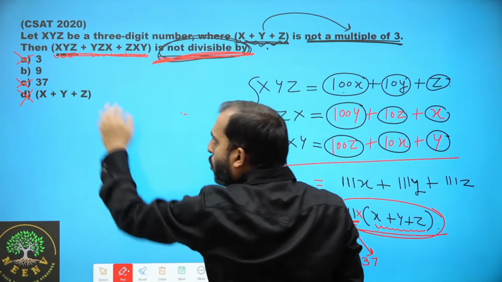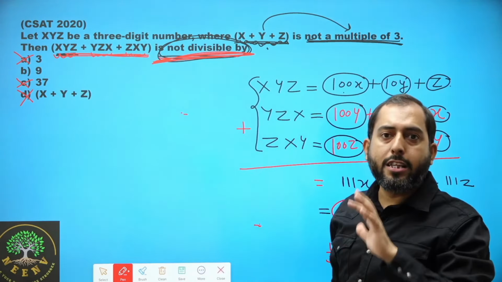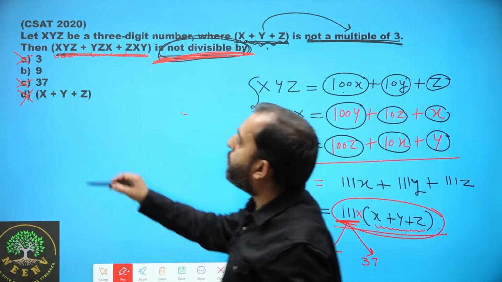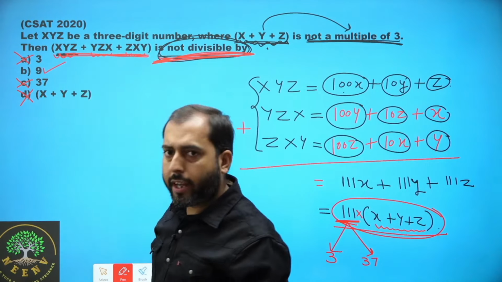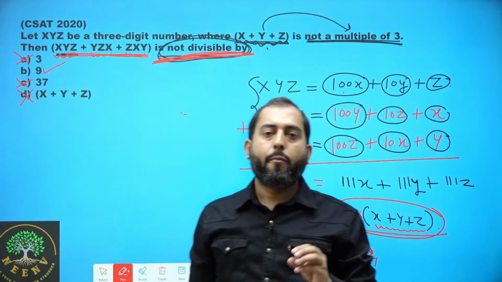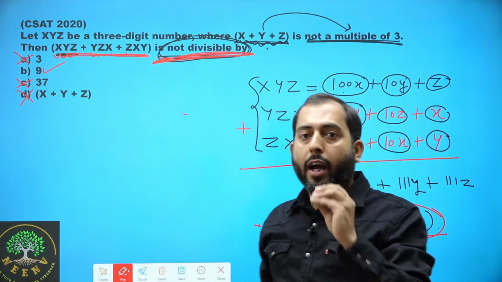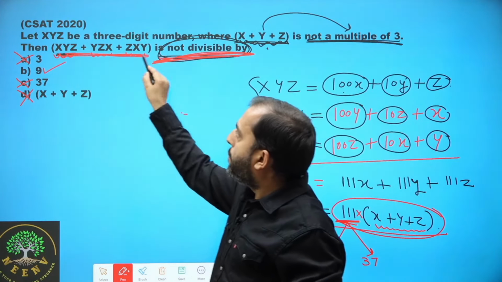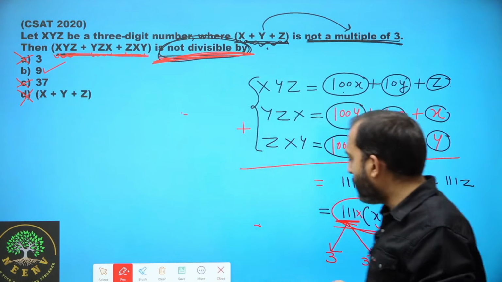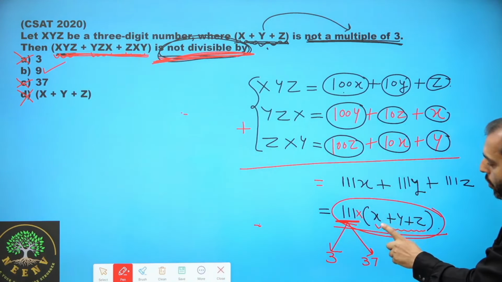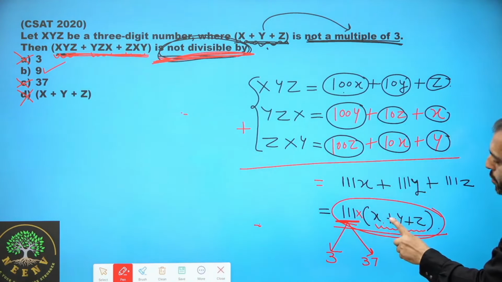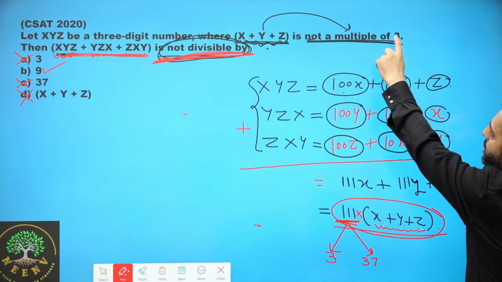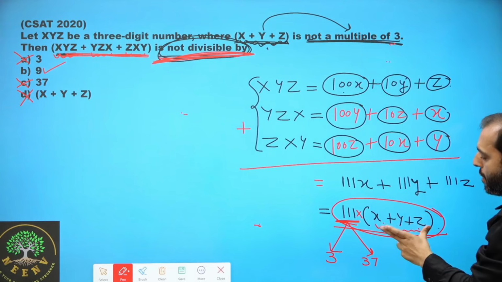So out of 4 options, 3 have been eliminated. So we are left with only one option, which is 9. Hence 9 will be the number that will not divide this sum. One more reason for this is, see, over here the value of x plus y plus z is not a multiple of 3.